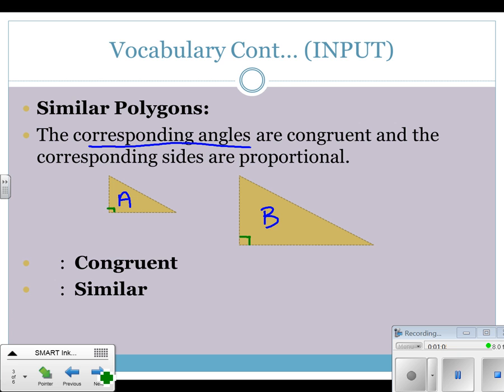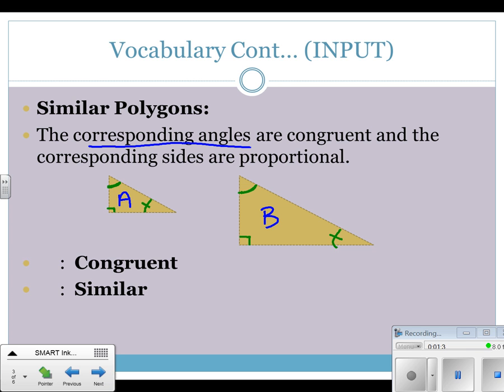In triangle A, this angle right here is congruent to the corresponding angle right here on triangle B. And this angle here, and I'm going to put a little mark here, is congruent to the angle over here in triangle B. Those are corresponding angles, the matching angles, and they are congruent.